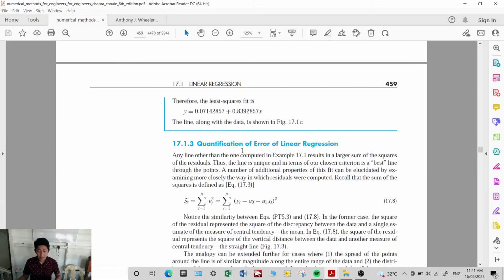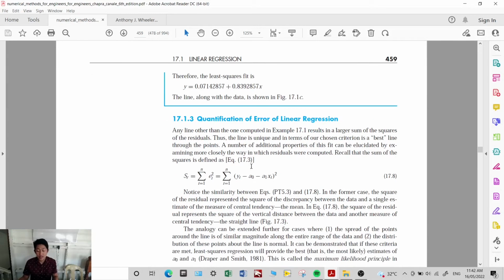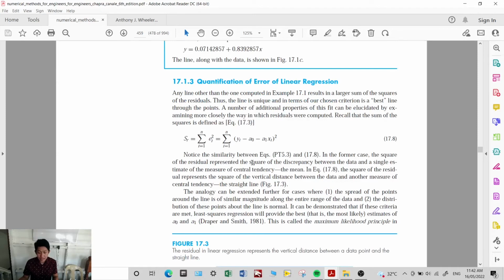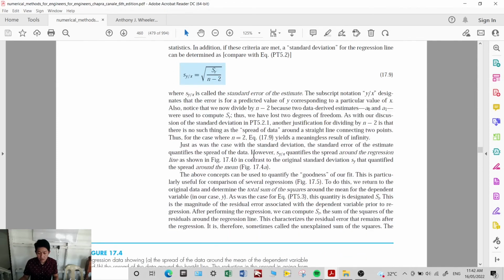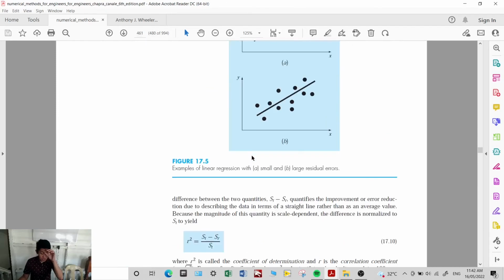Okay. Now, we will try to answer whether the line that is given by the least squares regression is actually the best fit for the data. In order to do that, we'll need a parameter which will be called the correlation coefficient.